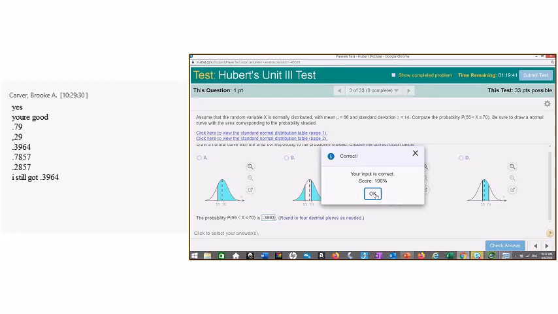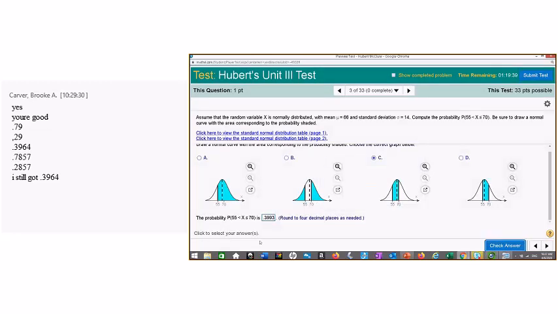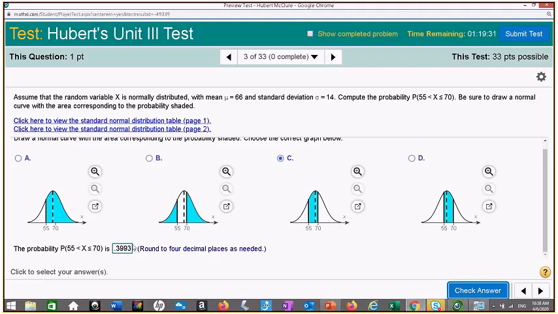I got it right, but there may be a variance in there of 2 or 3 hundredths or thousandths. So if you get it wrong, Miss Carver, just see me or somebody see me, and I'll be glad to make it good. All right, because you should be close.